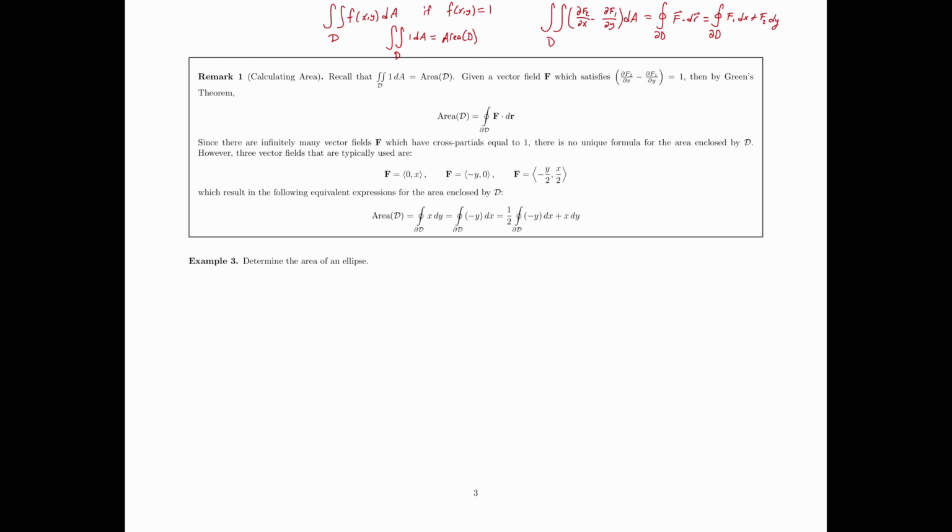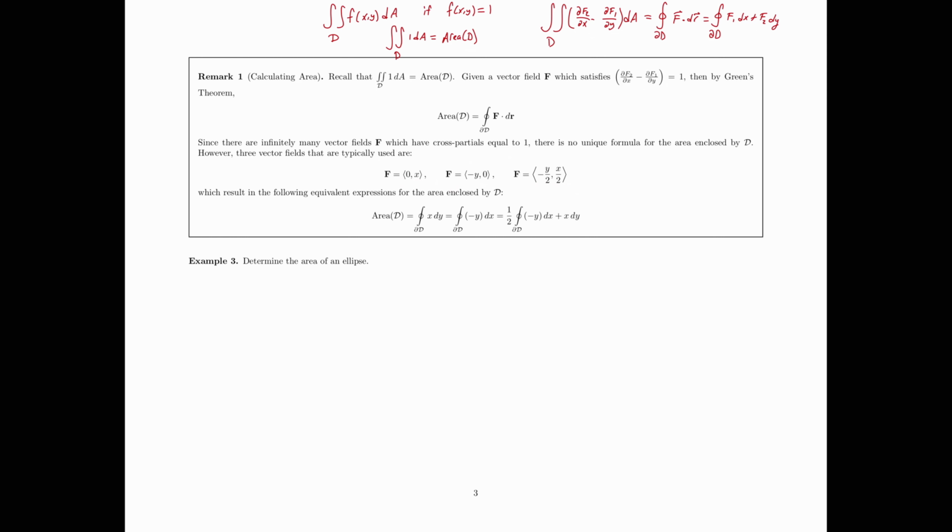And there's infinitely many options here. You can invent them. They're very easy to come up with. Just write down something for one component and then figure out what it has to be for the second component to make it work. So here are just 3 really basic ones, pretty much the easiest ones. You can go ahead and verify that this condition up here does equal 1 for each of these fields.